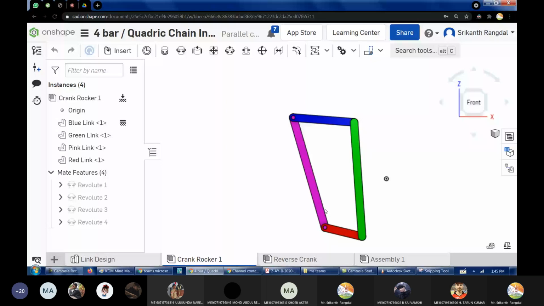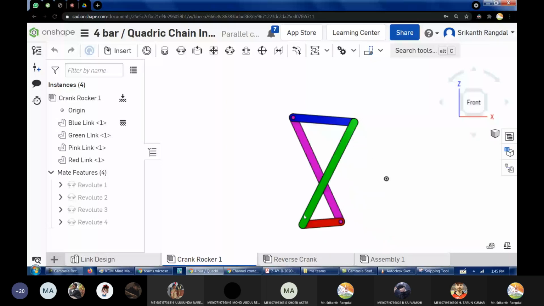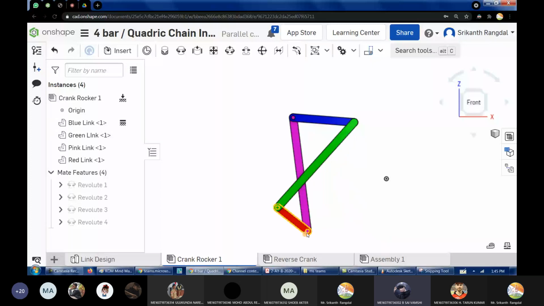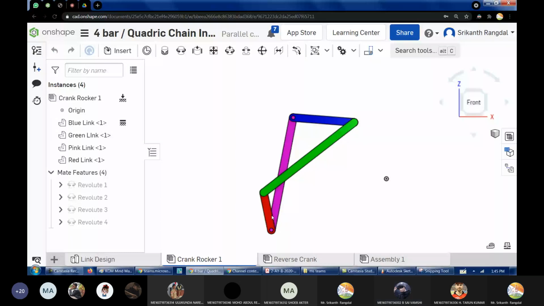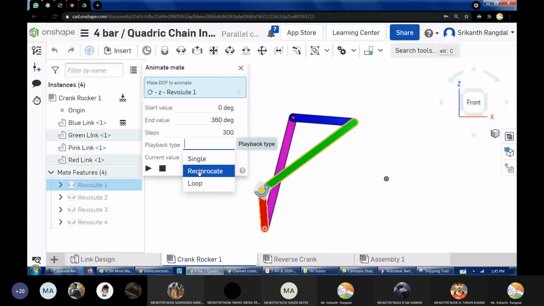So can the pink link rotate a complete 360 degrees? No, sir. It cannot. So there is a limit to how much it can rotate. So let us see the animation once again. Okay. So can you see the motion?